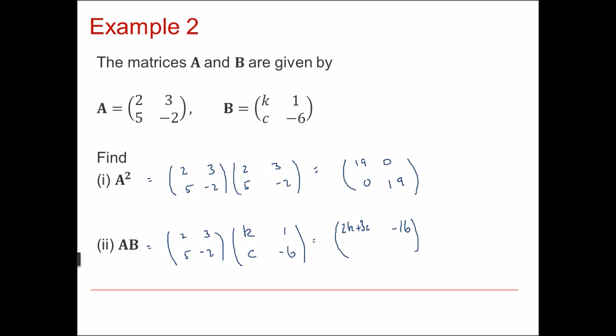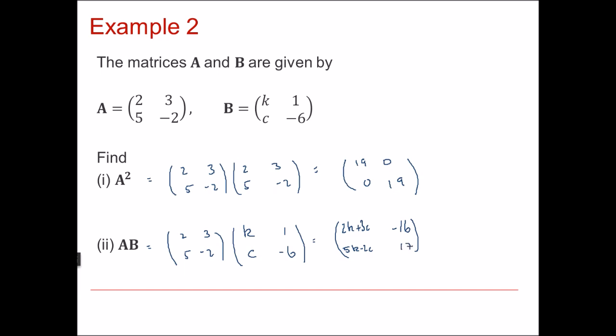Going on to the second row multiplied by the first column gives 5K minus 2C, and then finally 5 plus 12 is 17.